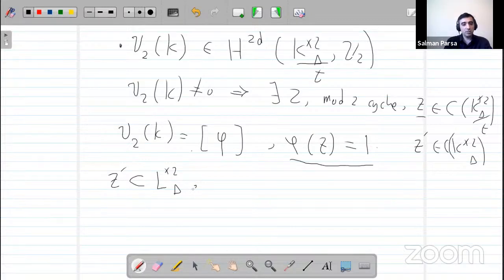And so if we now look at the intersection homomorphism on the cells of this cycle, this still has to be an odd number of intersections.